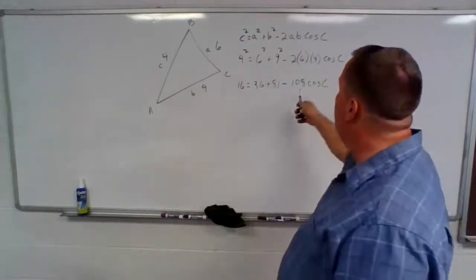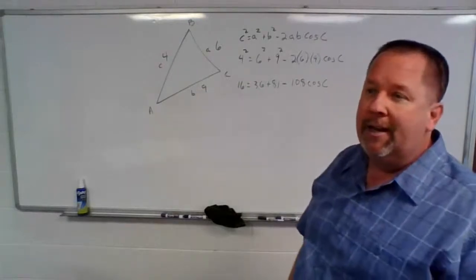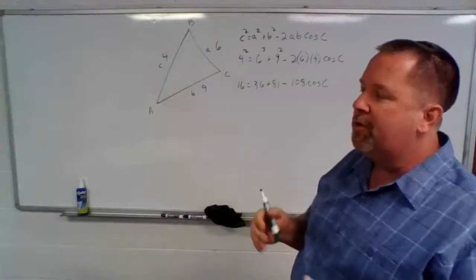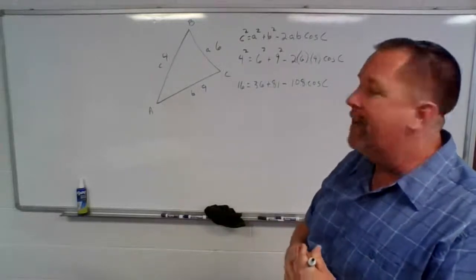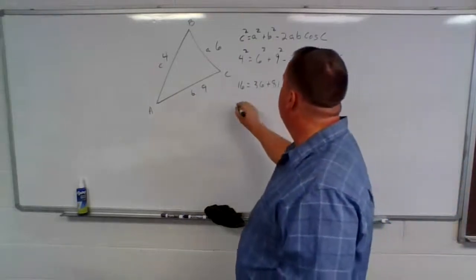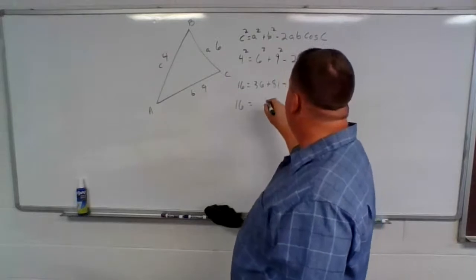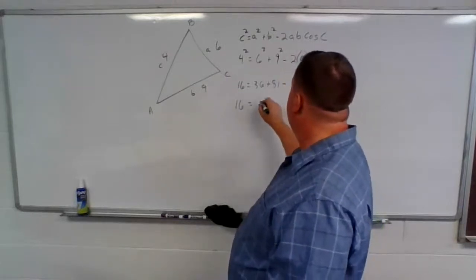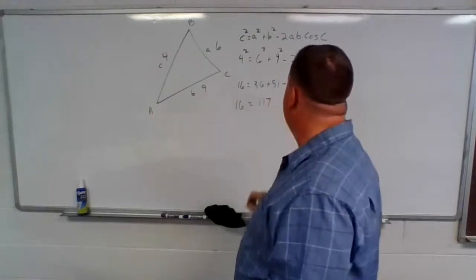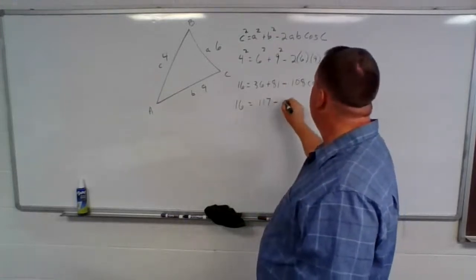I can't subtract 108 because 108 is multiplied by something, and order of operations says I can't do subtraction until I do multiplication. So all I'm going to do right now is add 36 and 81, which is 117. 6 and 1 is 7, 3 and 8 is 11, plus 1.